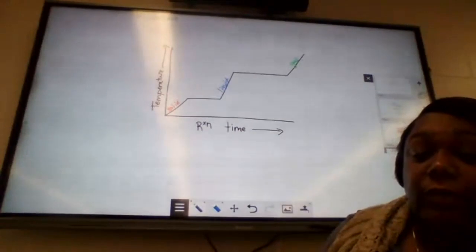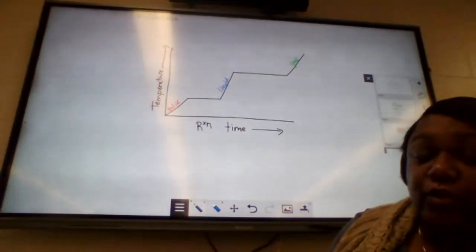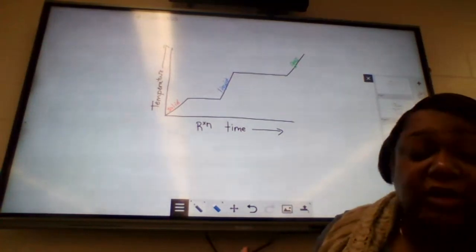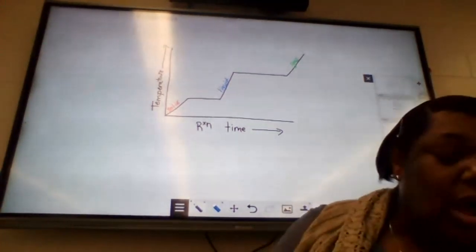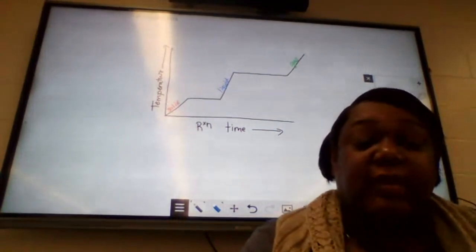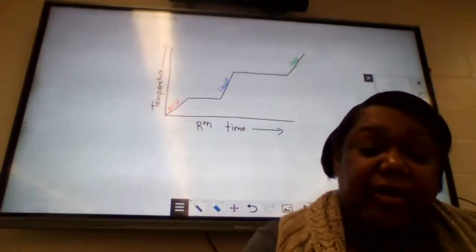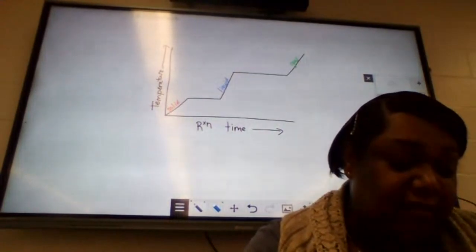Temperature is on our vertical axis. And you'll notice that we've got 3 regions where we're rising, and then there are 2 regions where there are plateaus.